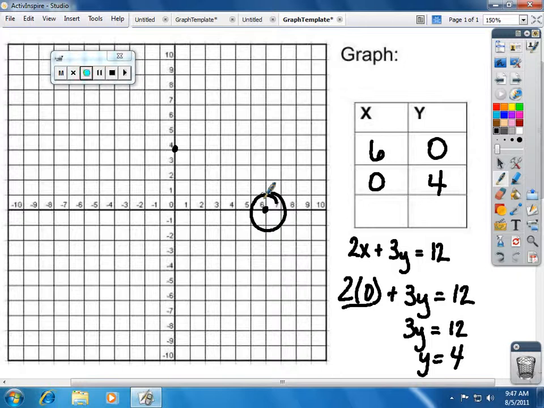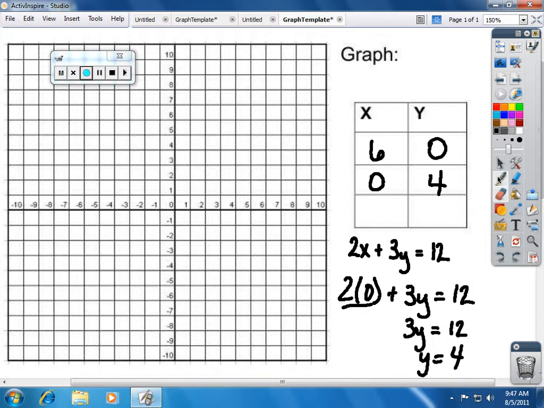At that point, y equals 0. The reverse is true for this point here. At that point, the graph will cross the y-axis, and x is equal to 0, because it's sitting right along the vertical axis. Okay? So hopefully that's clear.